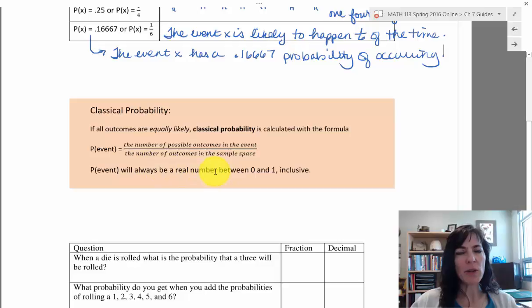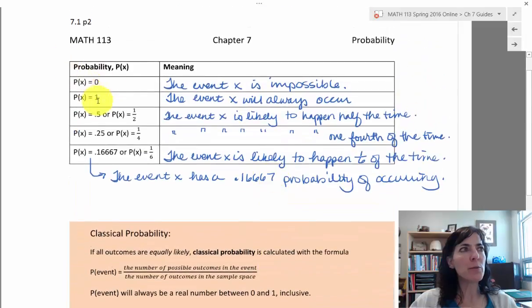The probability of the event will always be a real number. That means it's going to be like 1, 2, 3, and it could have decimals or something like that. It's not going to be outside the set of real numbers, but it's between 0 and 1, and it could have a value of 0 and it could have a value of 1, just like we saw up here.